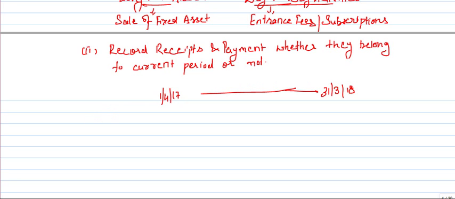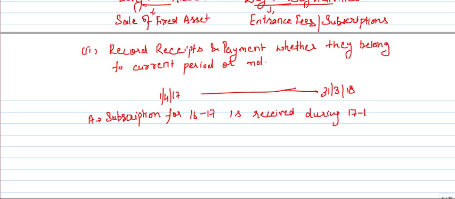There is a member A, right, whose subscription for the year 1617 is received during 1718. Now this subscription belongs to the year 1617 but has been received during 1718. Will you record this in the receipt and payment account? Sir, yes.